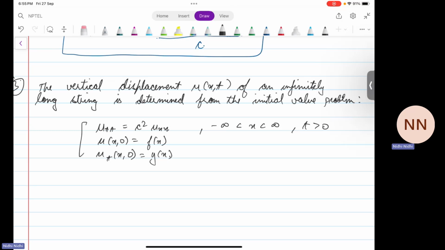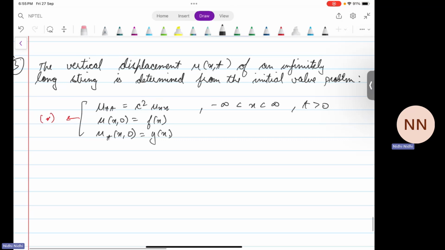We'll mark this as star. So this problem can be solved without separation of variables.